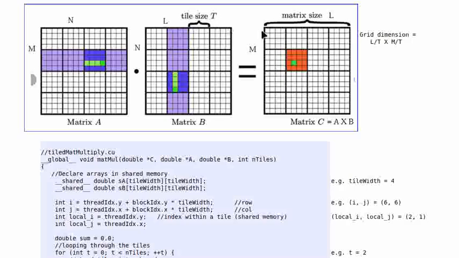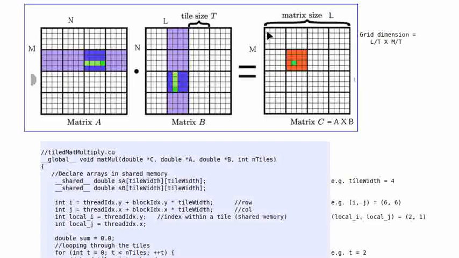Here C is equal to A times B. A is M times N, B is N times L. So C is M by L.